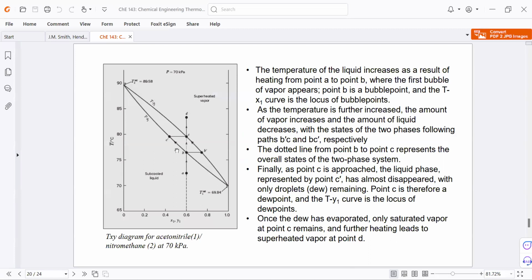So on the temperature composition diagram, we start the evaporation from the bottom, because here it's the region of the subcooled liquid, while the upper region is the superheated vapor. So as we increase the temperature, we go from bottom to up, from A to B.